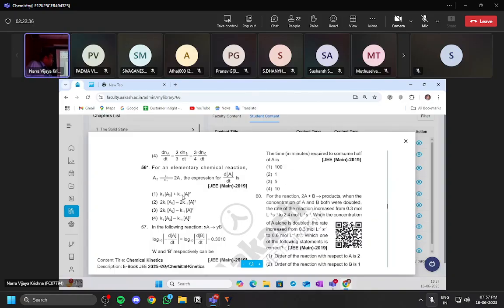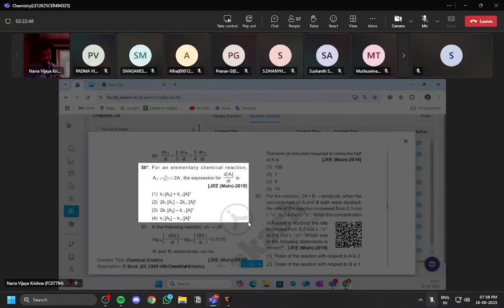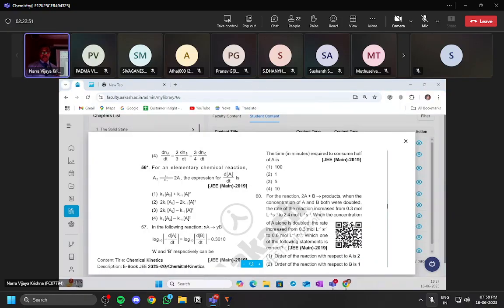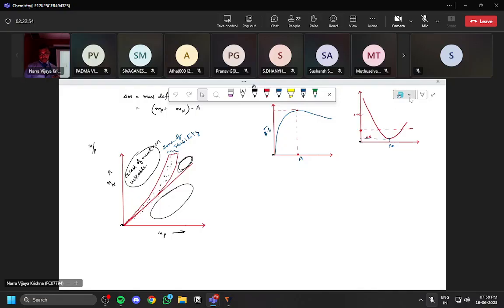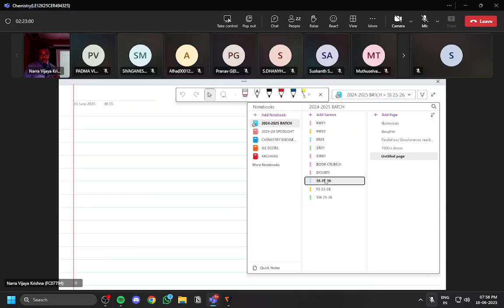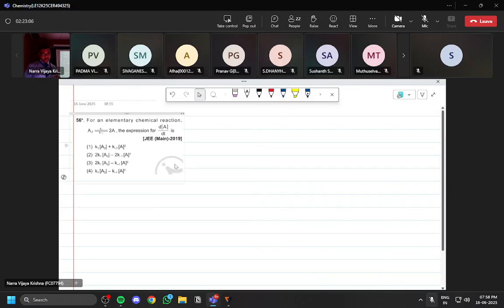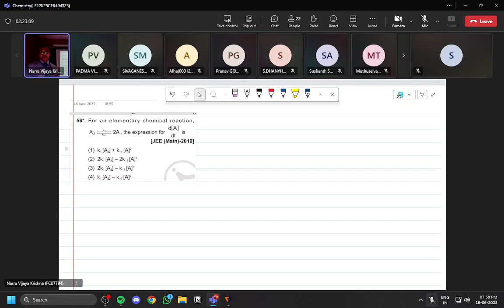For an elementary chemical reaction, A2 gives rise to 2A, the expression for dA by dt is... How to solve this? What will you write first?